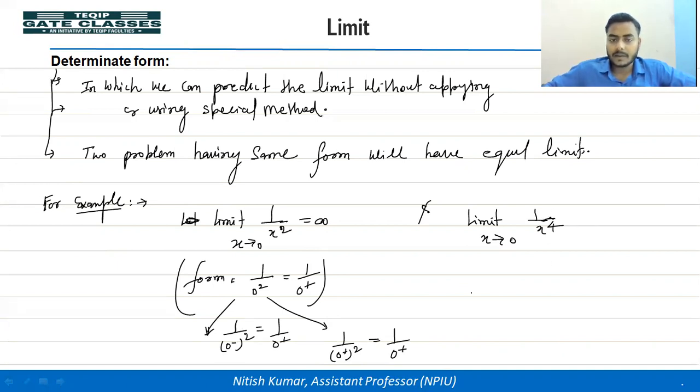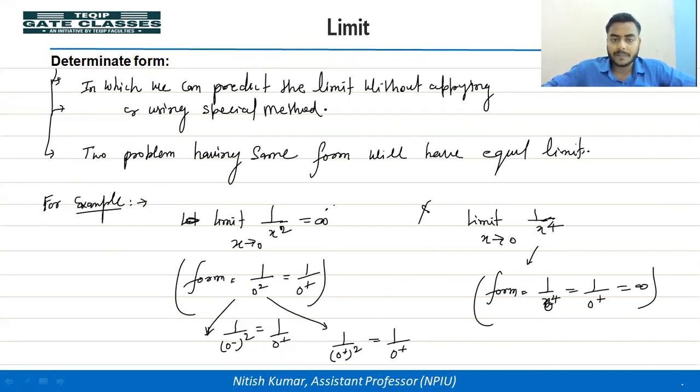In this case, see here, check the form. How do we check the form? Put the value x equal to 0, since x tends to 0. Then 0 to the power 4 will give us 1 by 0 plus form, that is infinity. So you can see here two different problems having the same form giving us the same limit, the same result.